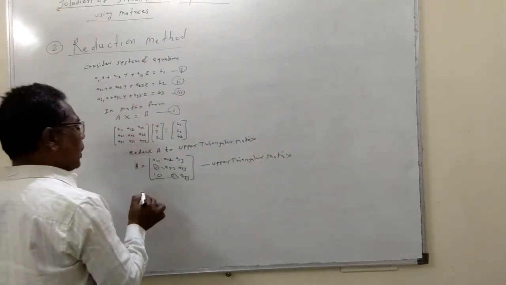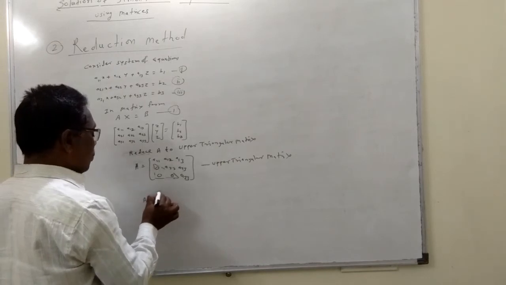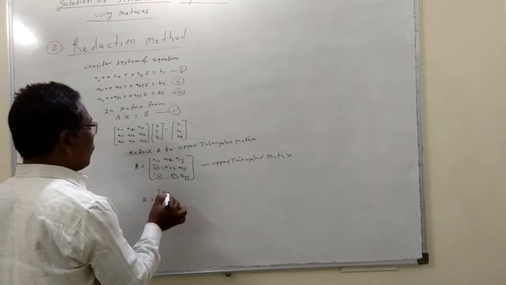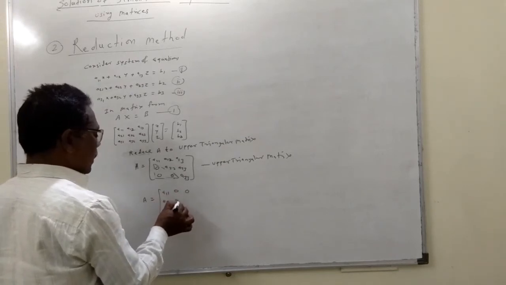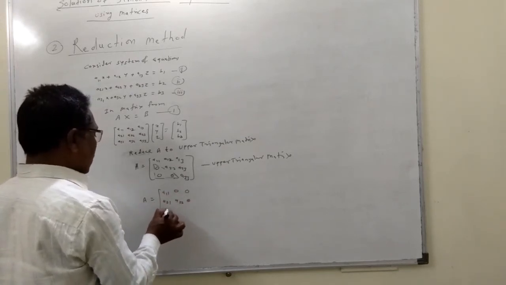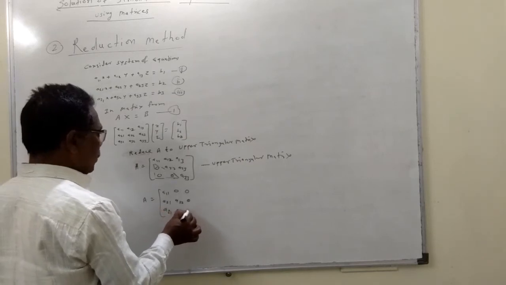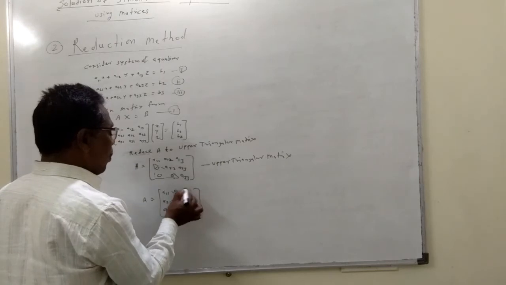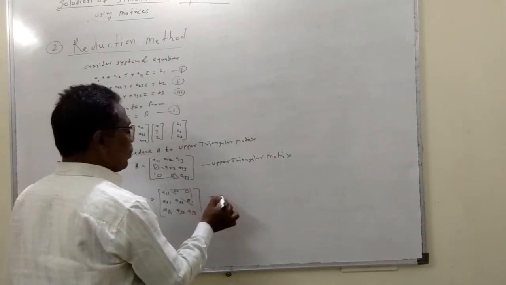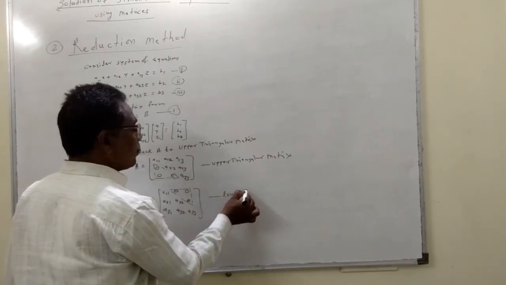The other type is the lower triangular matrix. Suppose we reduce the matrix to a11, 0, 0, a21, a22, 0, a31, a32, a33. Here the triangle is formed below, and this is called a lower triangular matrix.